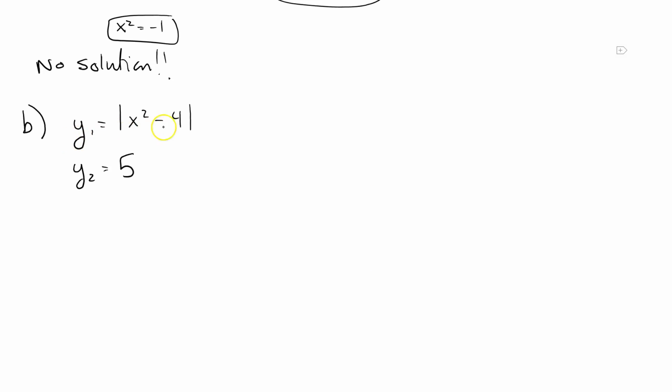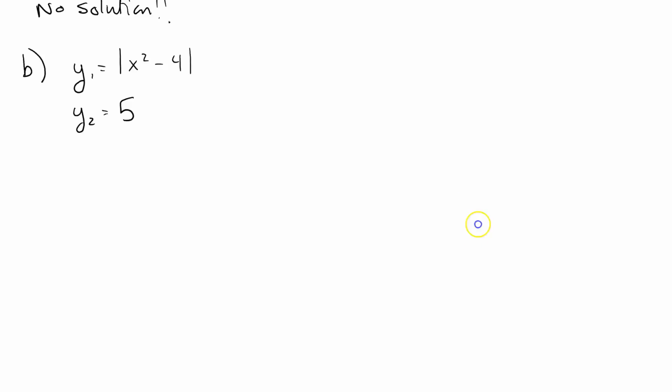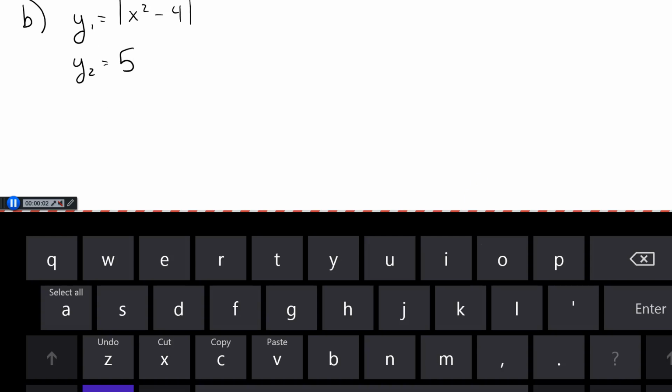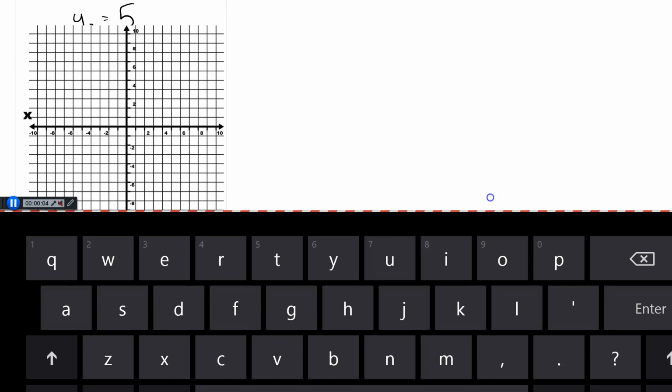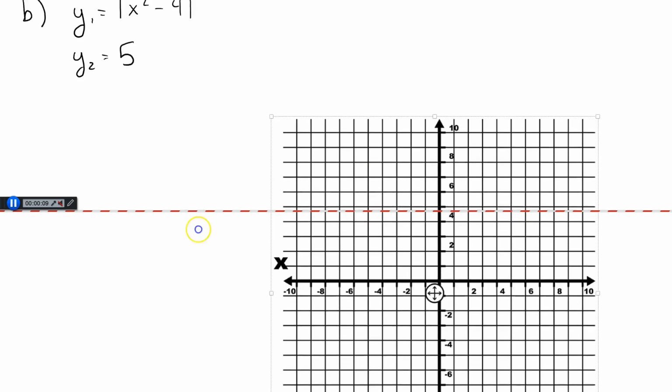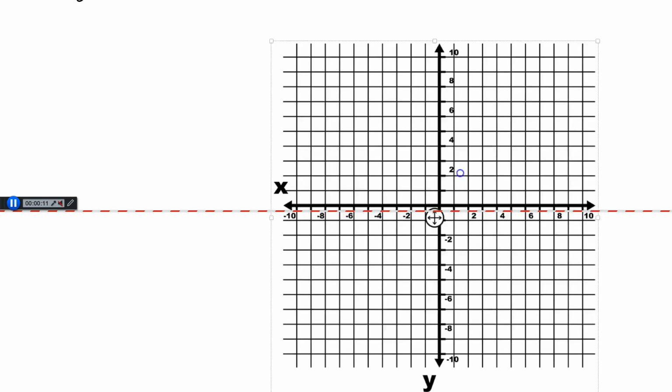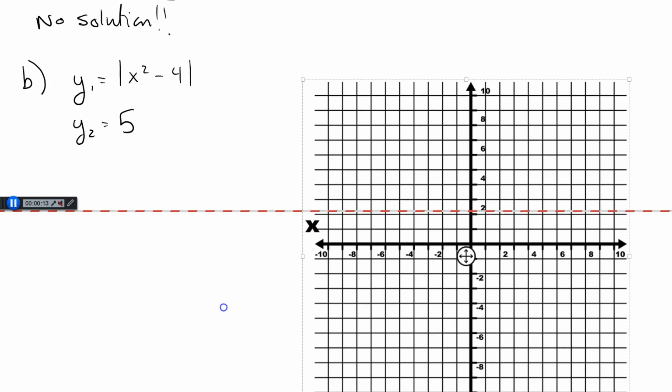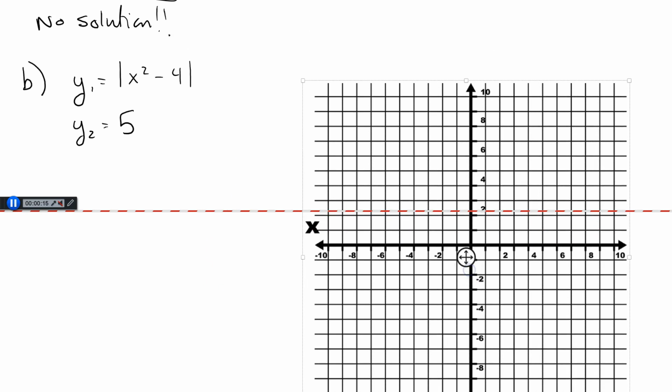So what we want to do is graph this one and graph this one. So let us use the control paste. I'm going to move that right over here. There we go.